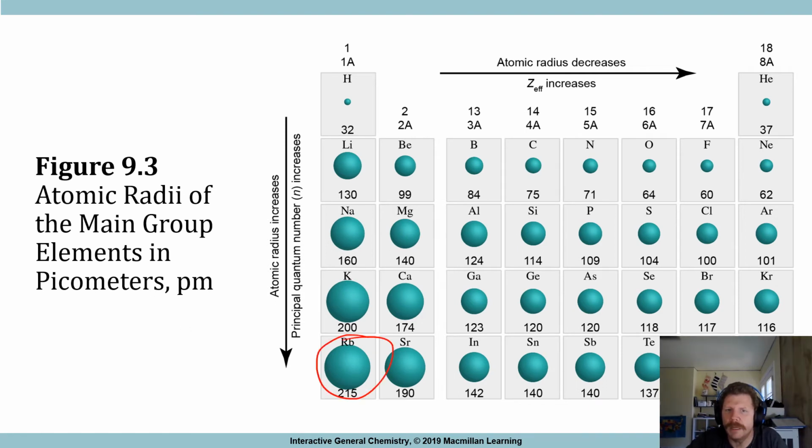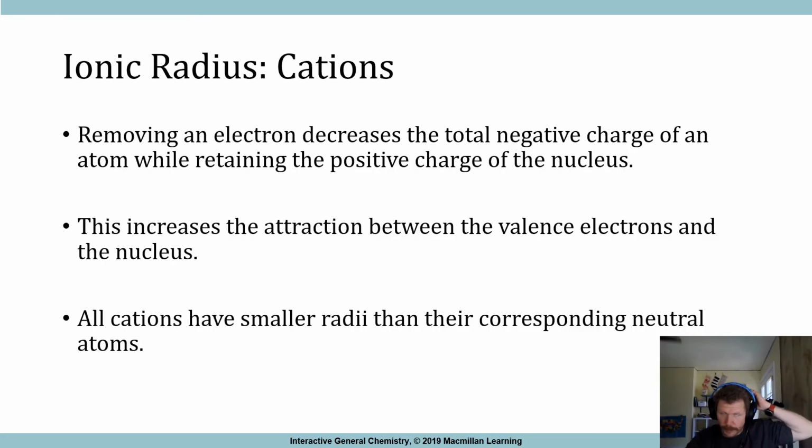Rubidium, Rb, has an atomic radius, measured in picometers, of 215. Helium, by contrast, is 37 picometers. That's the trend you need to be familiar with respect to your main group atoms.